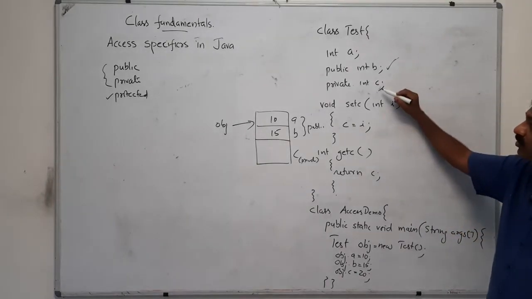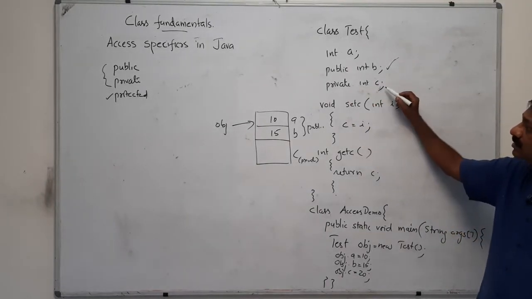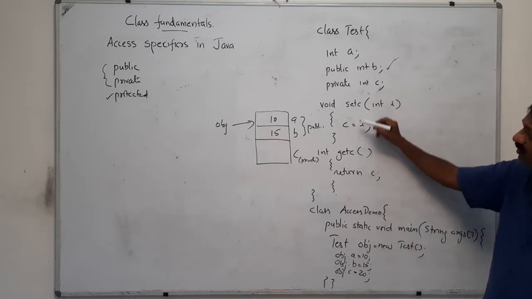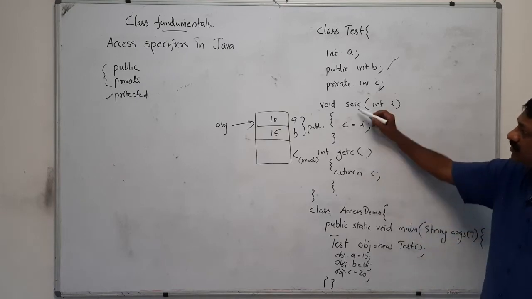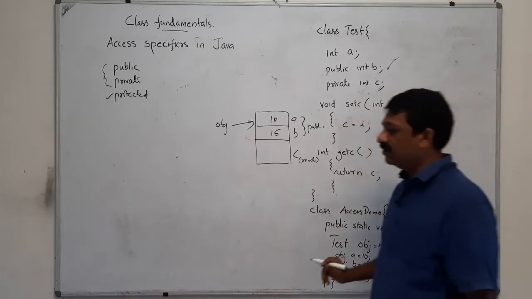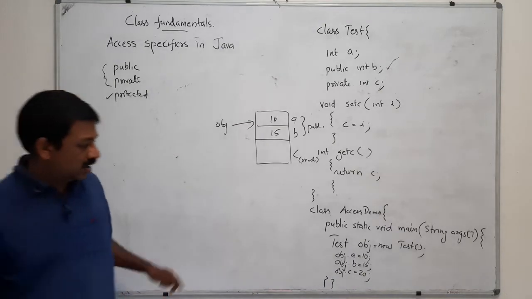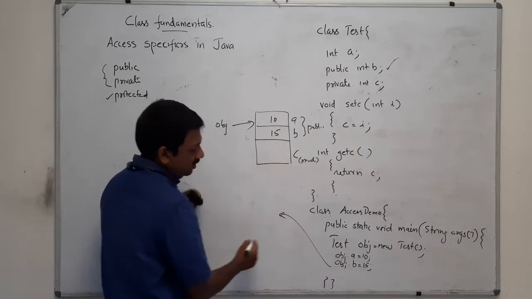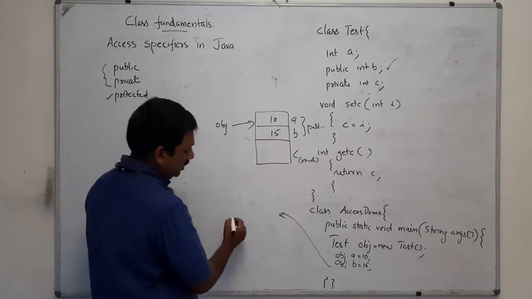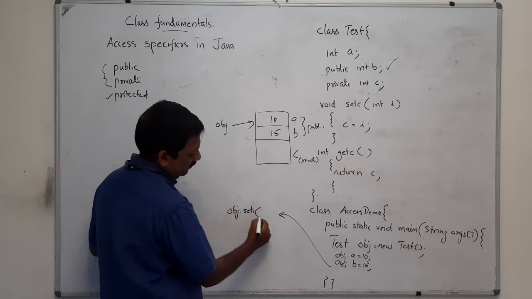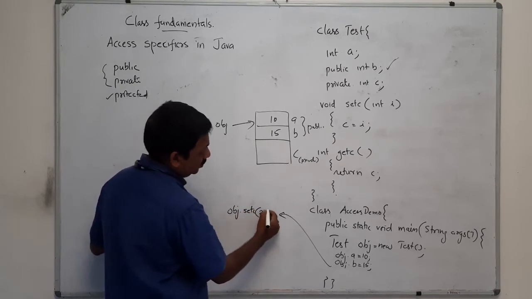So you are not allowed to set c from outside, but you can use these two methods, setC and getC. What is setC? You can set the value of c using the setC function. So instead of obj.c equal to 20, I am going to have obj.setC, within brackets you give this 20.